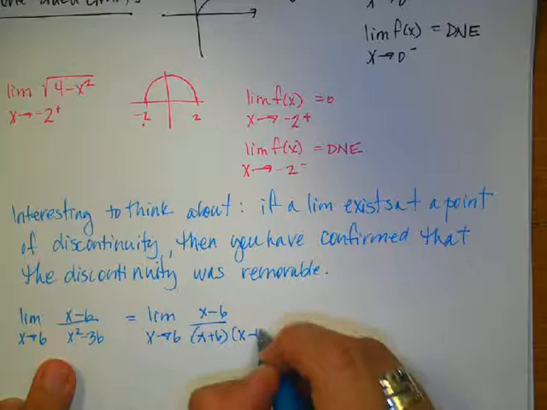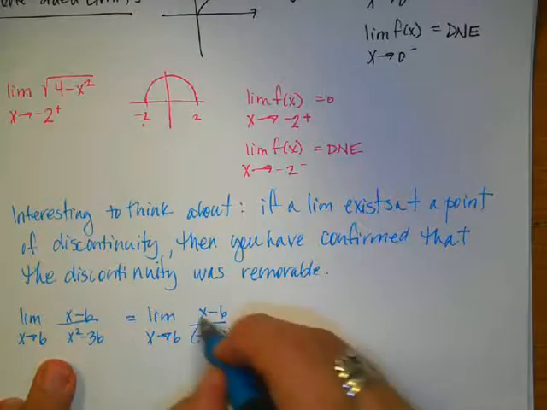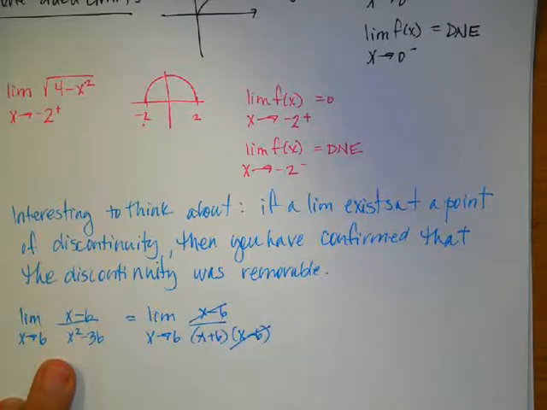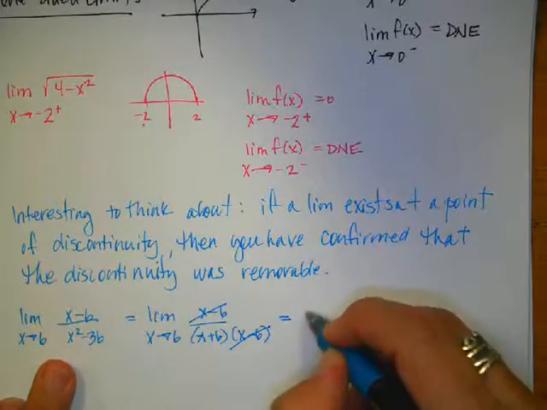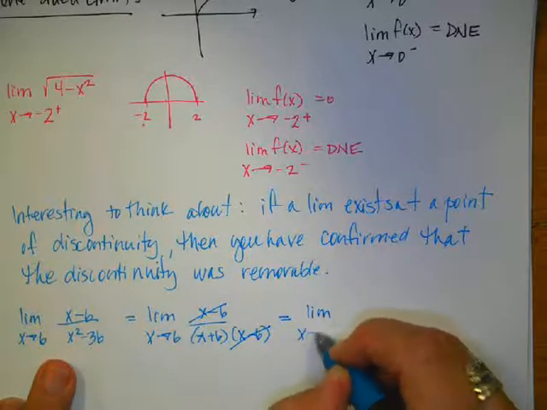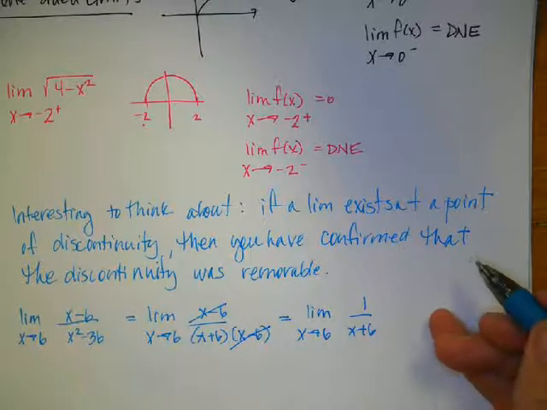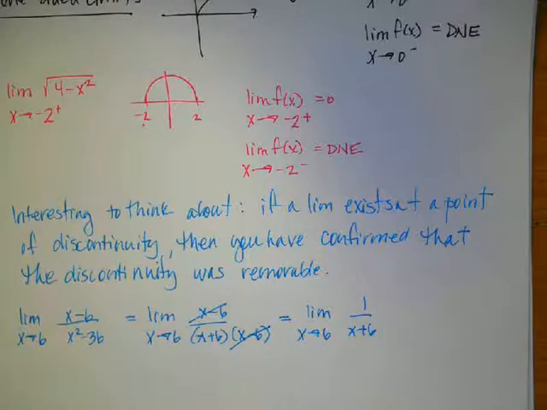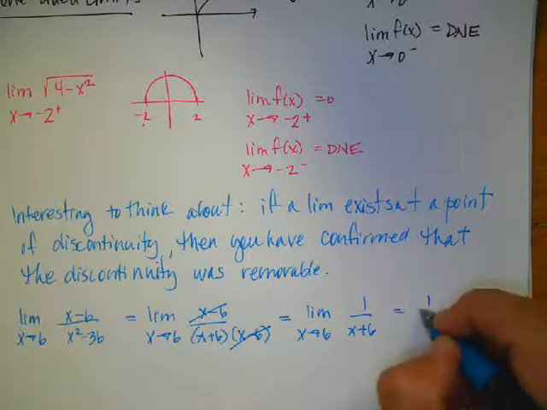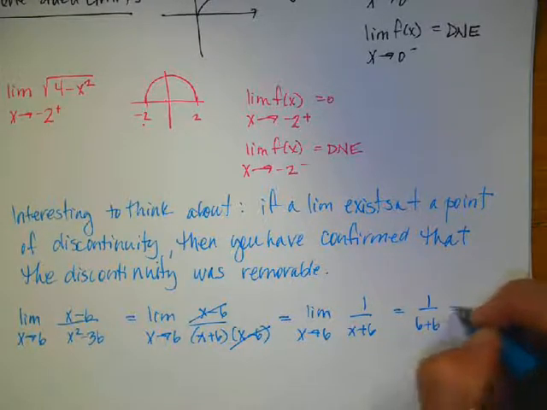Well, these cancel, because I can with factoring. So then I get the limit as x approaches 6 of 1 over (x plus 6). The indeterminate form has been removed. Now I can do direct substitution, and so I get a limit of 1 over 12.